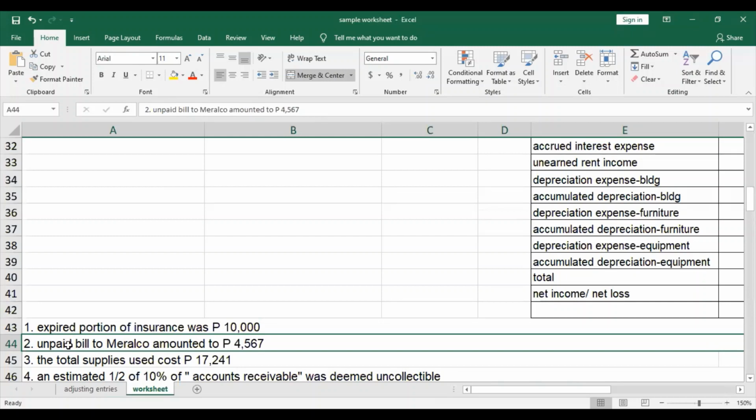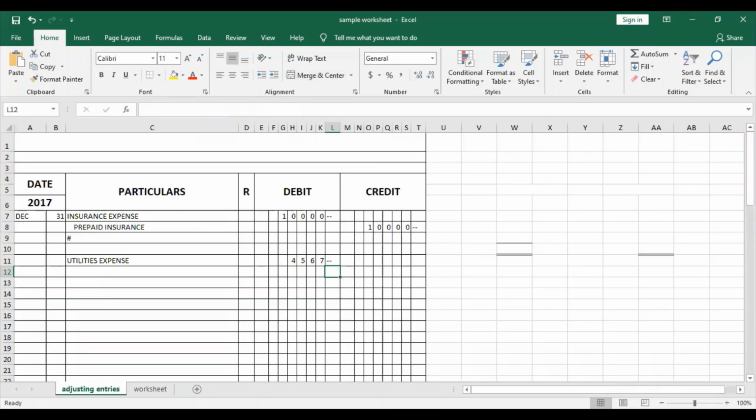So, meron kang unpaid bill sa Meralco, meron kang tinatawag na accrued expense, or other term is payable. Ano daw yung dapat mong bayaran? Yung utilities. So, ang entry mo dyan ay credit utilities payable or credit accrued utilities expense for the amount of 4,567.